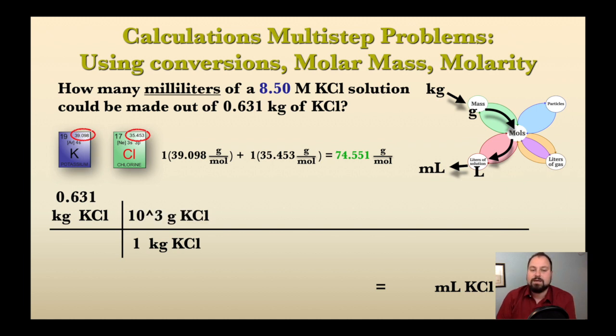Remember that the kilograms has to be on the bottom so they cancel out, and a gram is 10 to the minus 3 kilograms. So 1,000 grams equals 1 kilogram. We can use this in dimensional analysis as a fraction, one above the other. And so kilograms and kilograms will cancel out, which means that now we have grams.